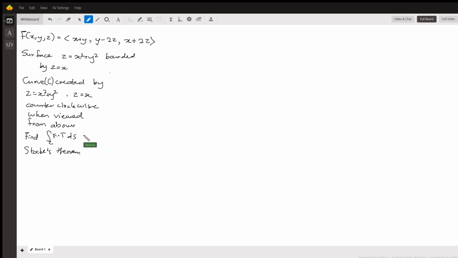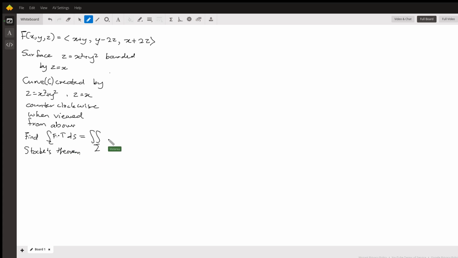Before we start out, let me state the Stokes theorem. When you want to find a line integral of a vector field, we apply Stokes theorem in this fashion. Sigma is the surface that is created by this curve.